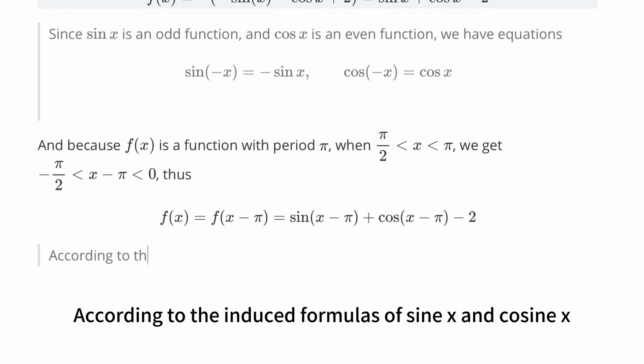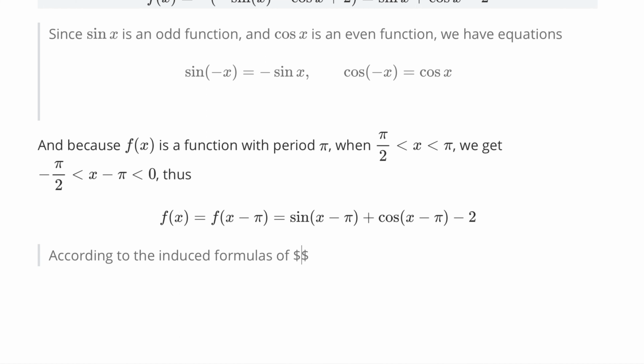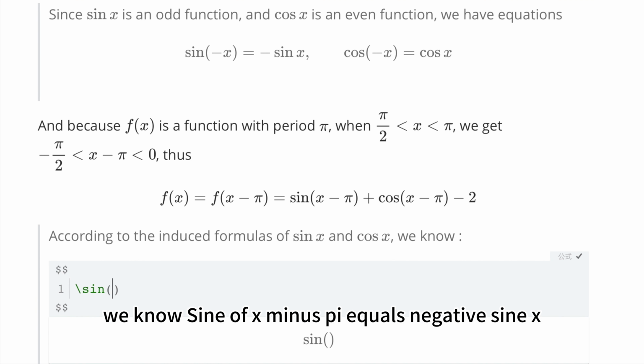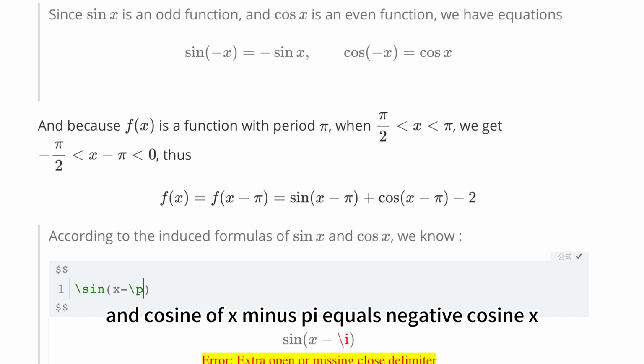According to the induced formulas of sine x and cosine x, we know sine of x minus pi equals negative sine x, and cosine of x minus pi equals negative cosine x.